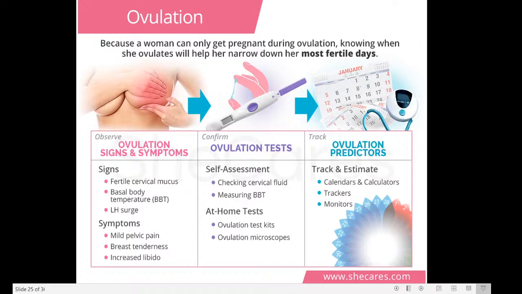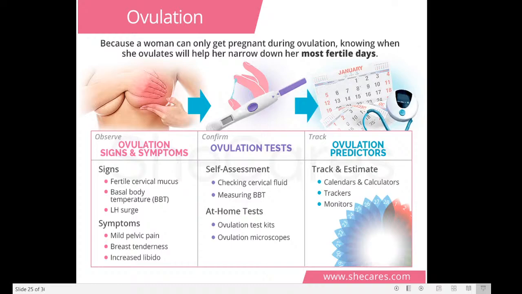Symptoms are mild pelvic pain, breast tenderness, and increased libido. Then ovulation tests: we have self assessment and at-home tests. Self assessment involves checking the cervical fluids and measuring the BBT; home-based tests use an ovulation test kit and microscopic test. Then estimation uses monitors, date cycles, calendars, and calculators.